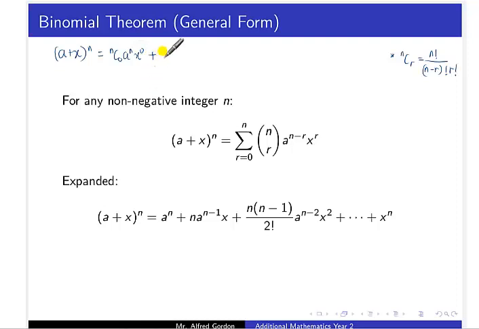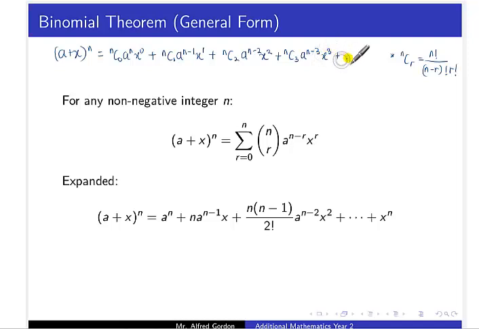Together with n combination 1, a to the power n minus 1, so a reduces power by 1, and x increases power by 1, plus n combination 2, a reduces power by 1 again, so we have n minus 2, whilst x increases to power 2, plus n combination 3, a to the power n minus 3, and then x to the power 3.